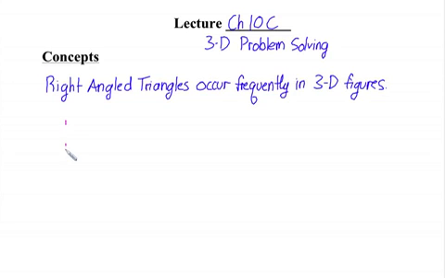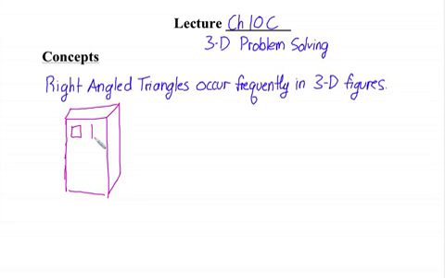For example, we see right triangles in buildings, there's a right triangle there.